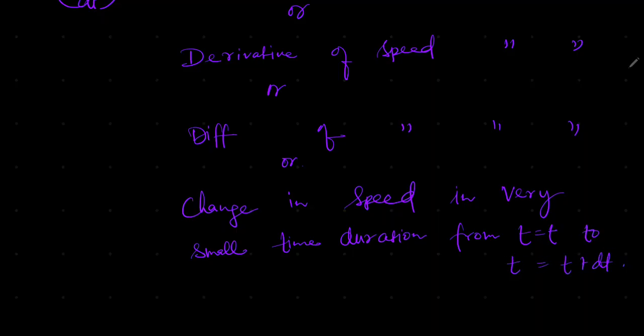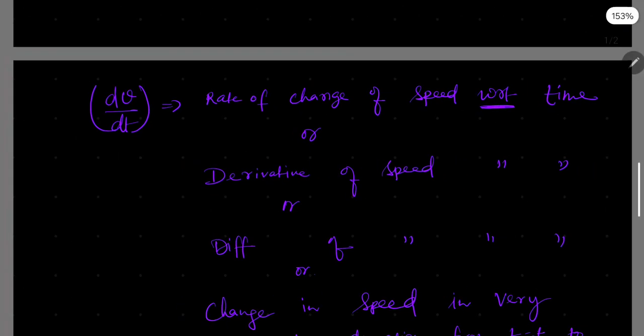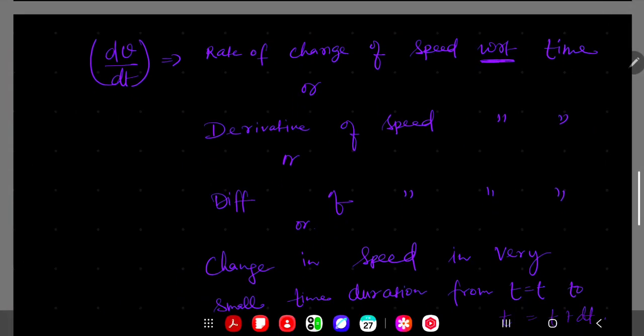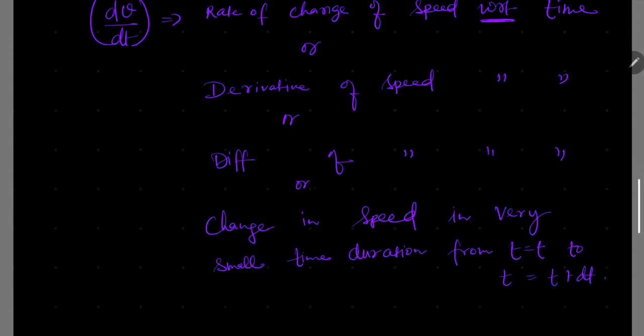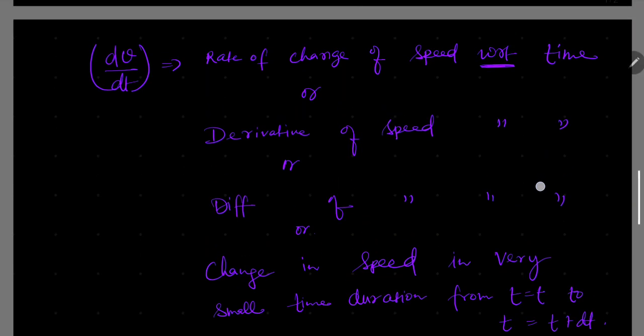This is how you can read dv by dt. Why is it needed? To have the difference at a particular time t, this small dt is very, very small, so you can have the instantaneous value at a particular time.